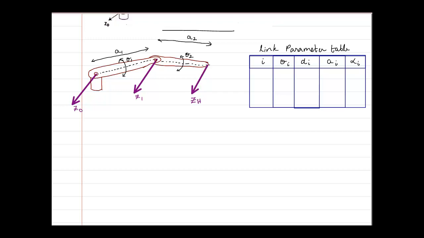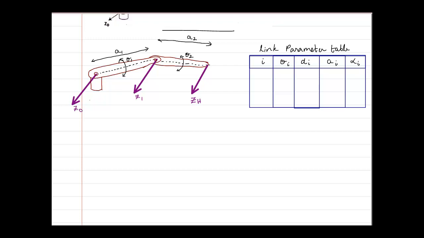Now based on that, we have to find out what the x-axis is. We already know that if you have two axes, I have always said that I go for x1 first. So x1 is basically drawn based on z1 and z0.